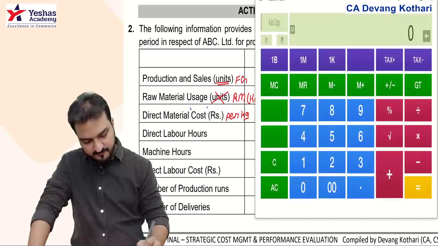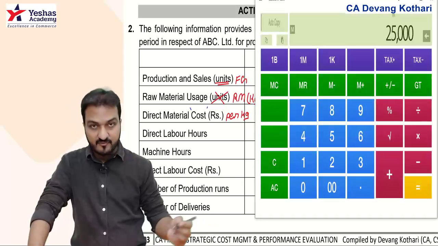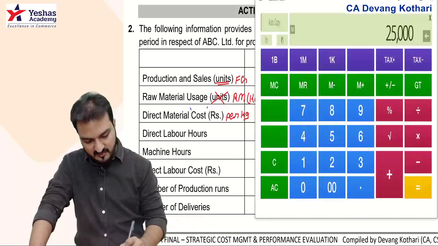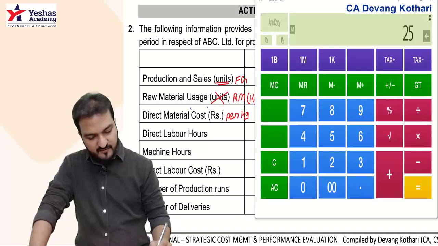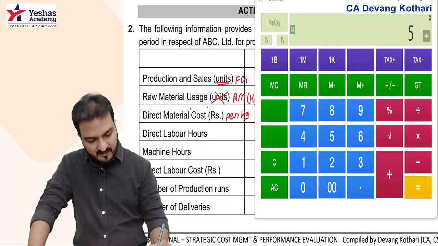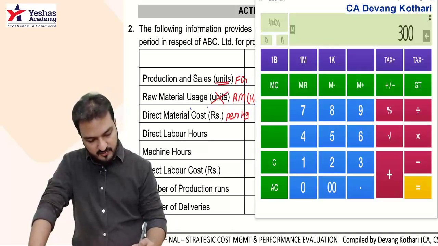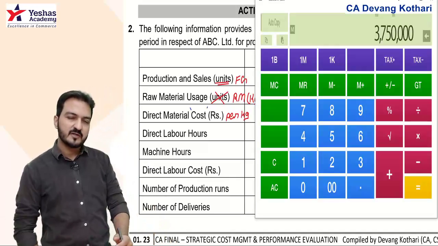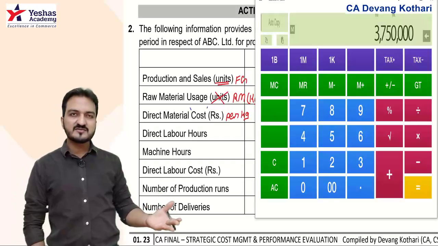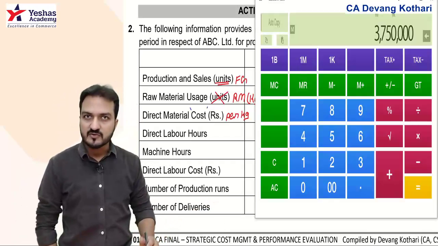Yes, I have an on-screen calculator to show you the calculation. 25 per kg into 5 kgs required and into 30,000 units makes that total 37,50,000. So this already makes the total as 37,50,000.